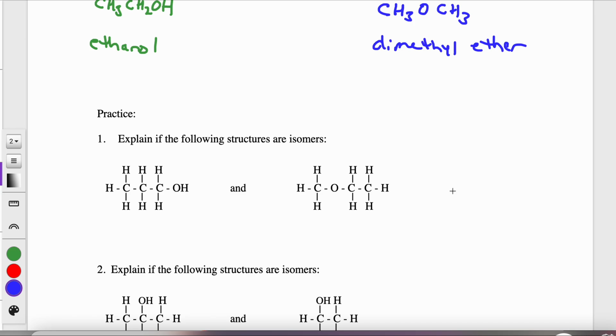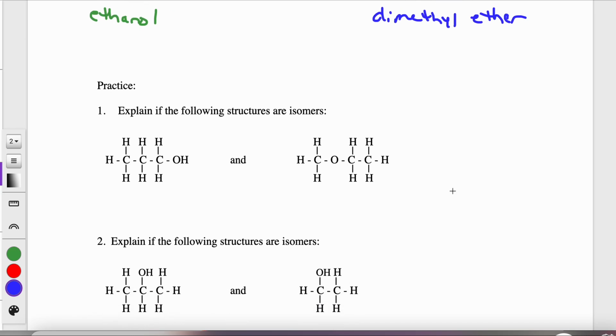So take a look at these 2 practice questions. It asks you, explain if the following structures are isomers. Okay, so isomers have to have the same molecular formula.